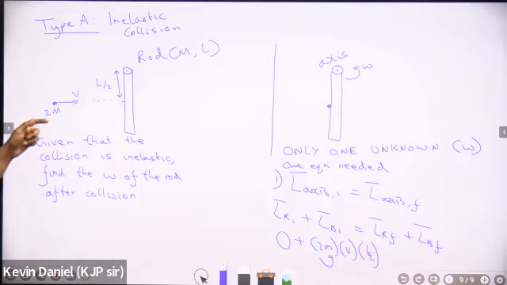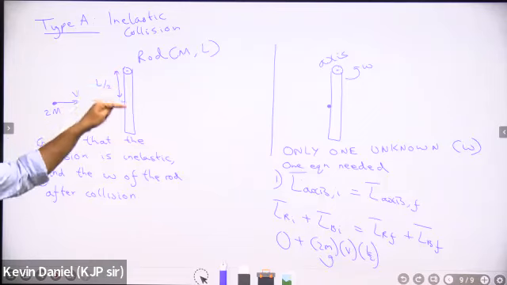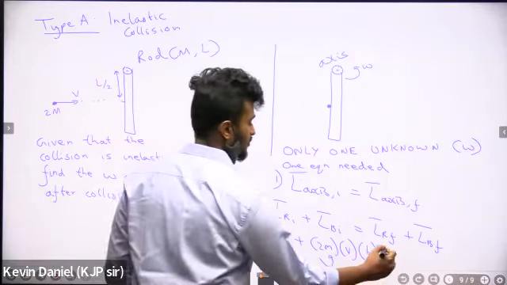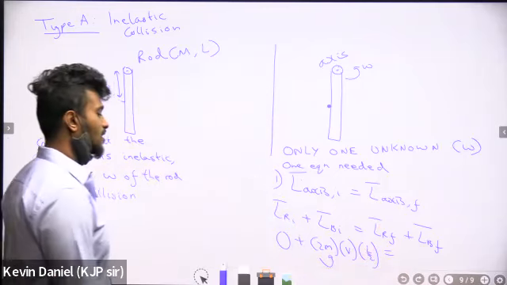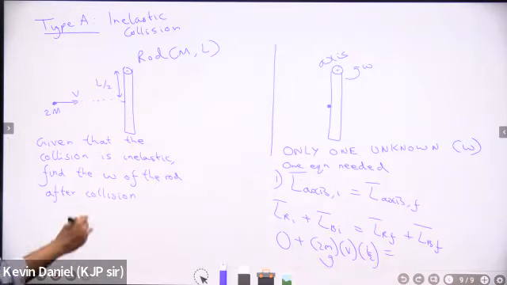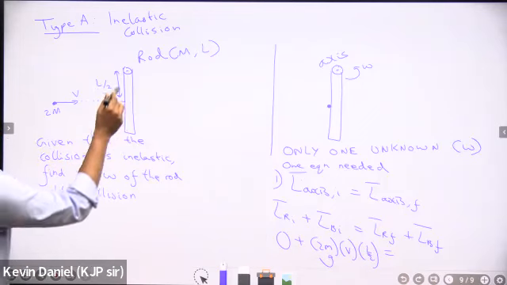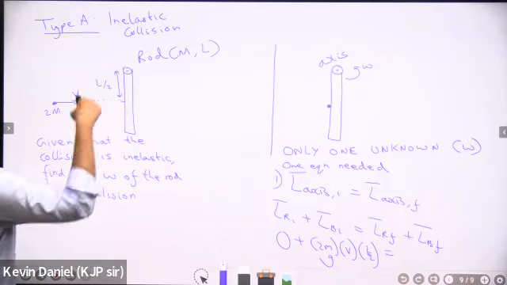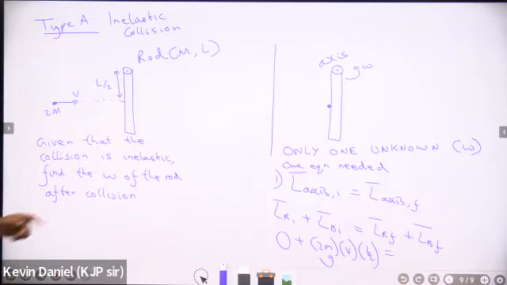Torque is force into lever arm, and here instead of force it is momentum into lever arm. Momentum is 2mv, perpendicular distance is L by 2, and their product is I omega. I would be 2m into L by 2 whole square, omega will be v by L by 2. It comes to the same thing.